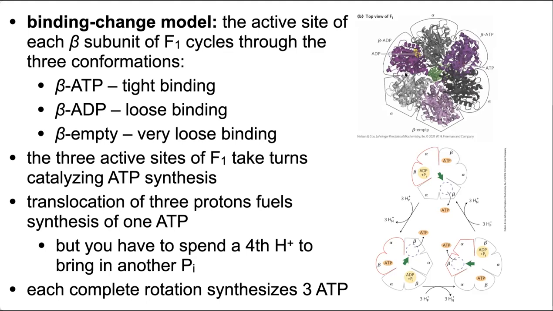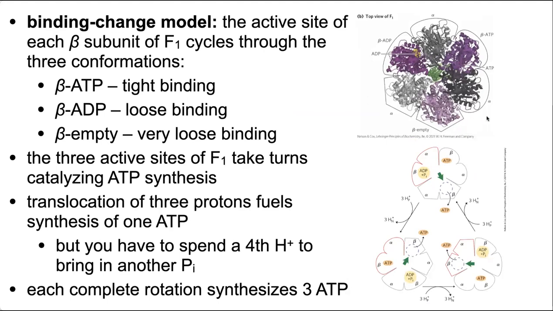Only one subunit can be in each of these forms at a time, so they're all in different forms, and they take turns making ATP.